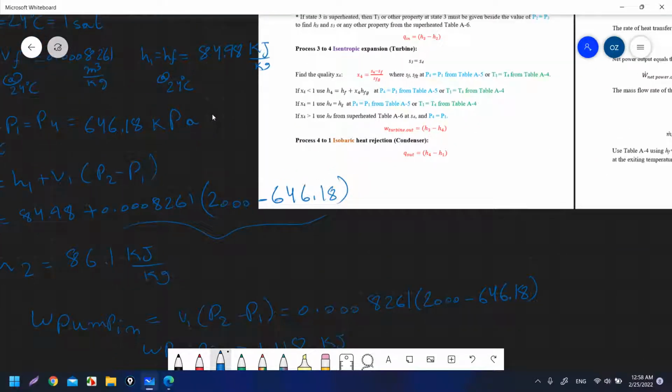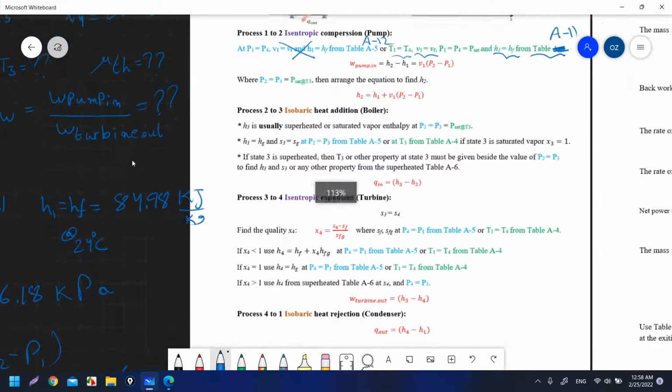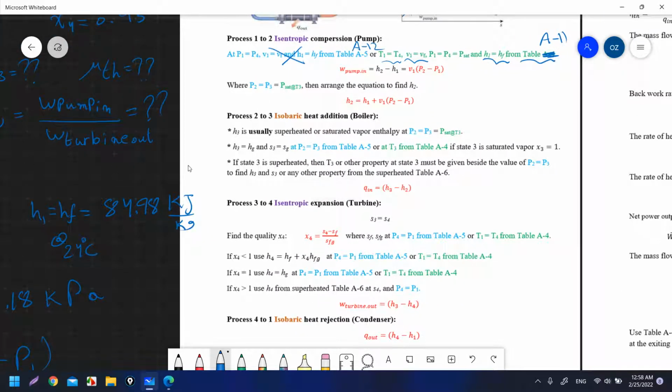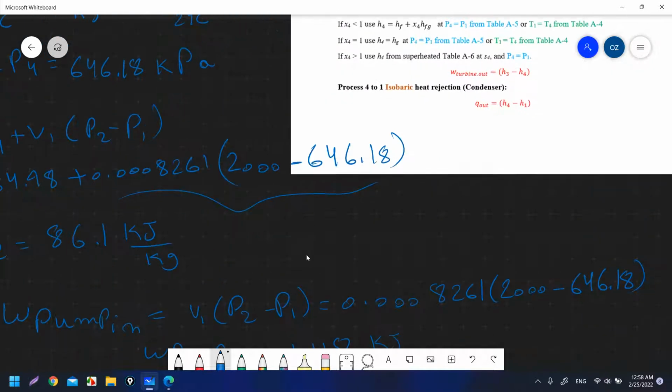Let's find H3. For H3, he didn't say anything about saturated vapor, so I will ignore this one. So let's see if it is superheated or not. Let's check if state 3 is superheated or not. So I will go to table A12.